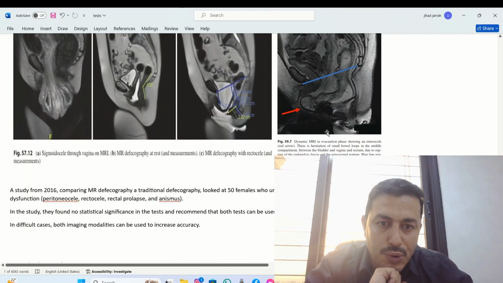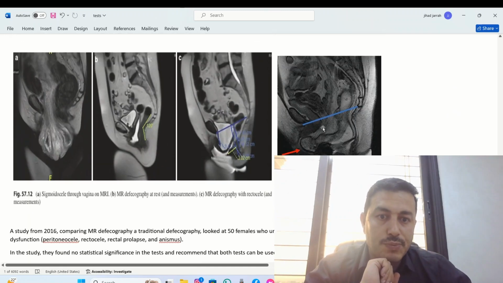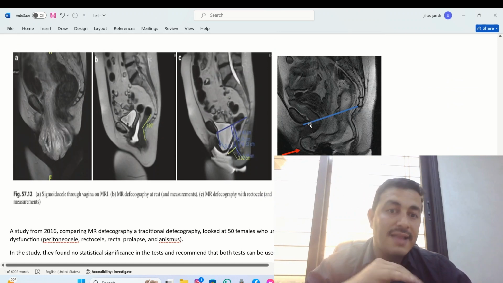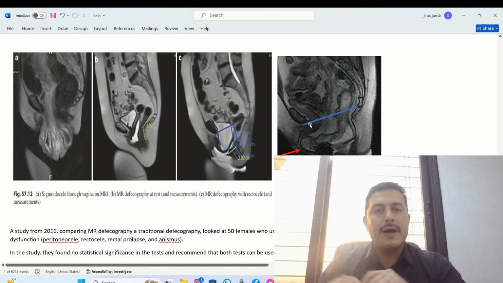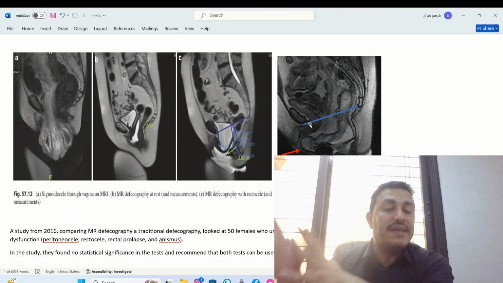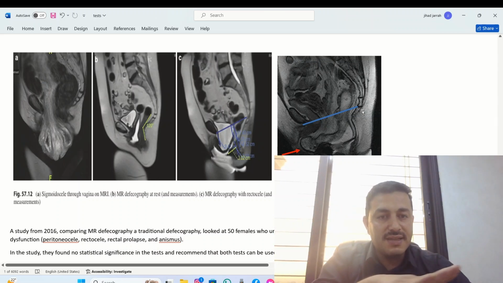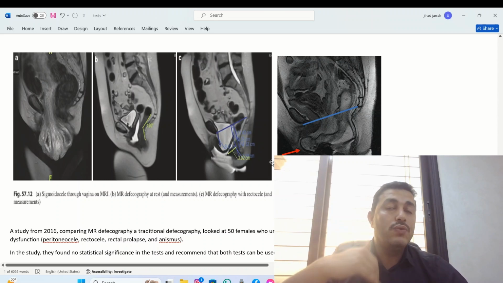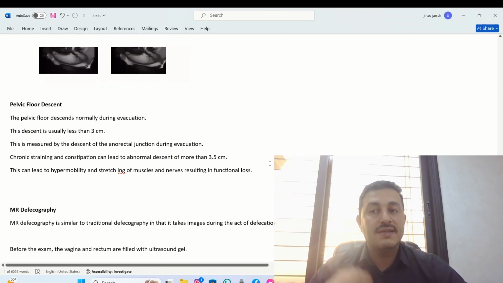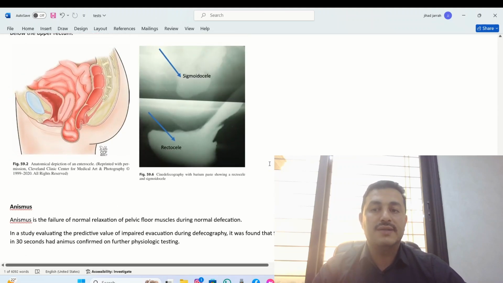Yeah, this is the pubococcygeal line. This is the pubis, this is the coccyx, and how far. We will talk separately about pelvic descent, but this line we can study by defecography and we can conclude if there is descent or not.